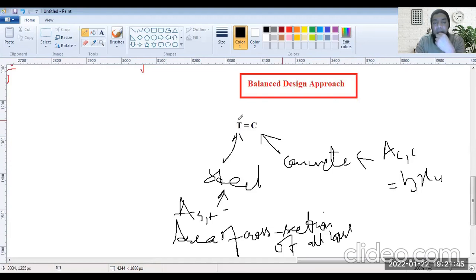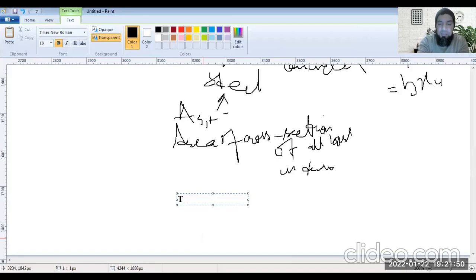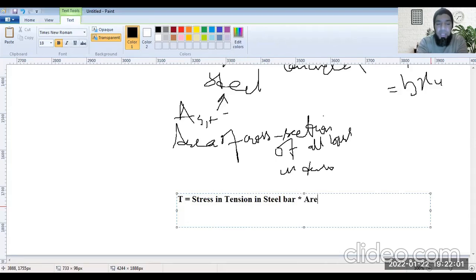So what will be the tensile force then? T will be stress in tension in steel bar into area of steel bar in tension. What is stress? 0.87 into Fy. What is the area?